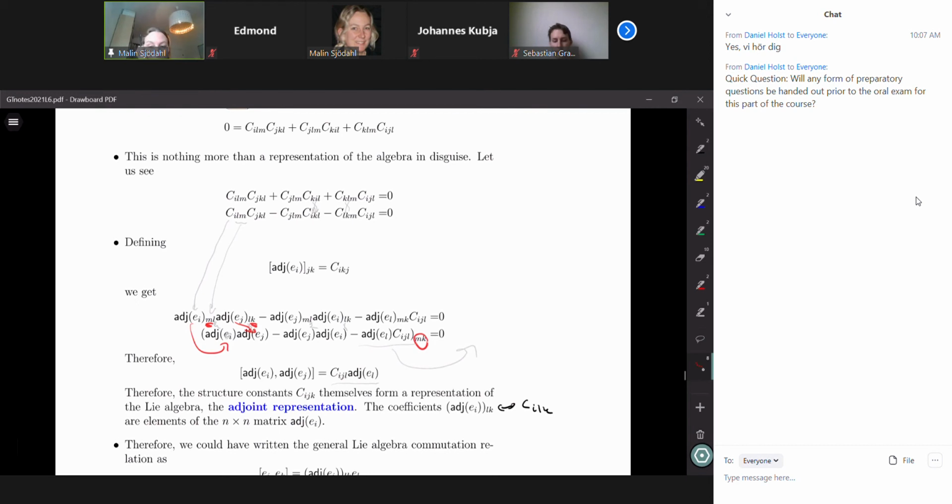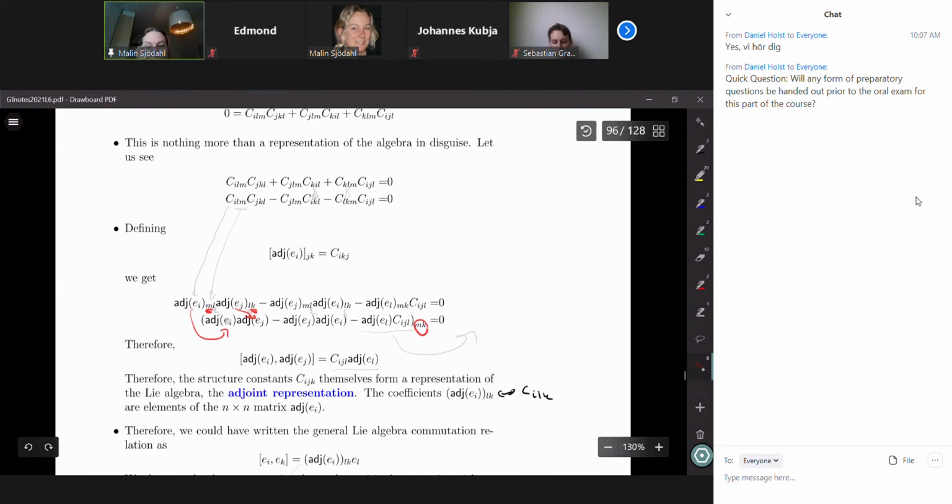And now, if there are n linearly independent generators, then this adjoint representation is an n times n representation. So for example, for SU3, we had actually 8 generators.